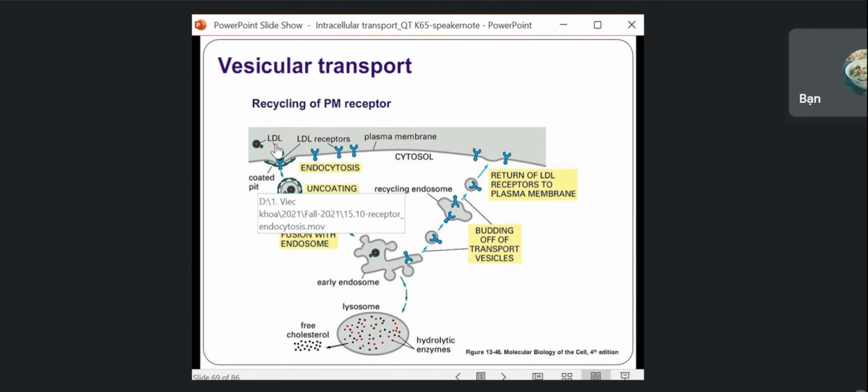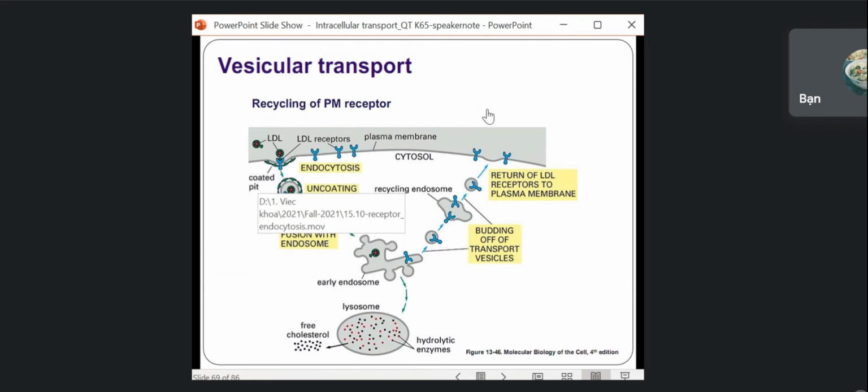This LDL is responsible for the transport of cholesterol into the cell. Because cholesterol is a lipid amphipathic molecule, it cannot freely stay inside the cell or inside the blood vessel.